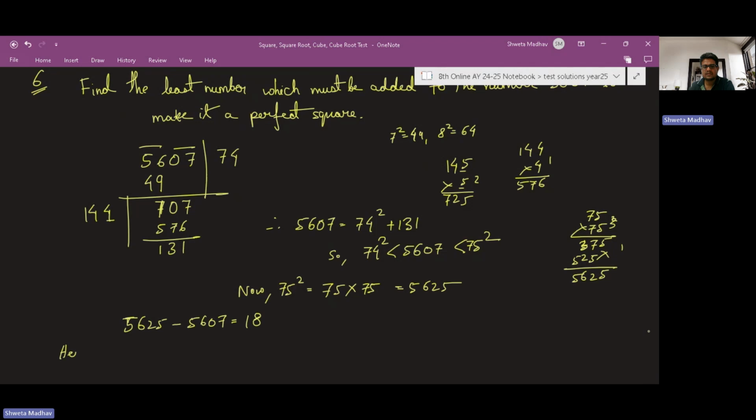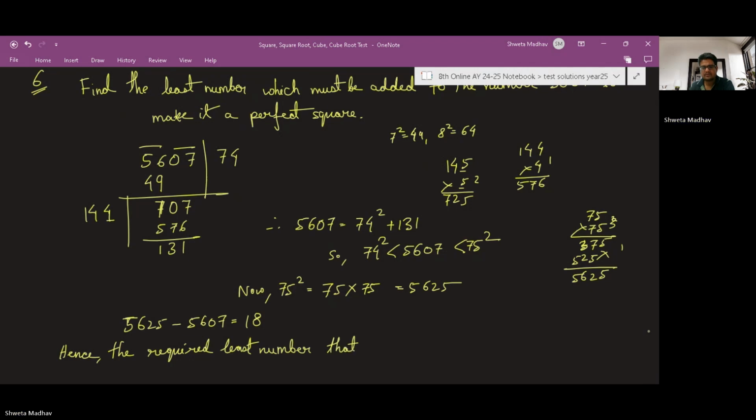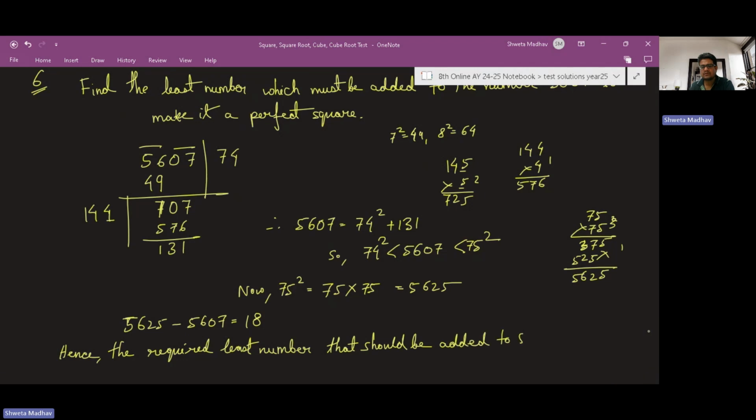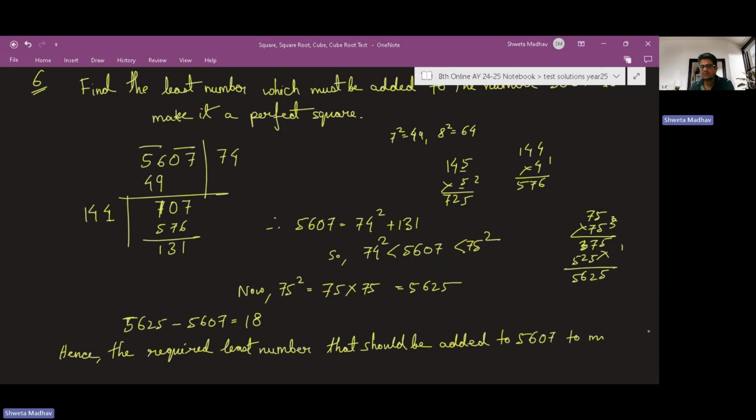Hence the required least number that should be added to 5607 to make a perfect square is 18. So 18 is the answer.